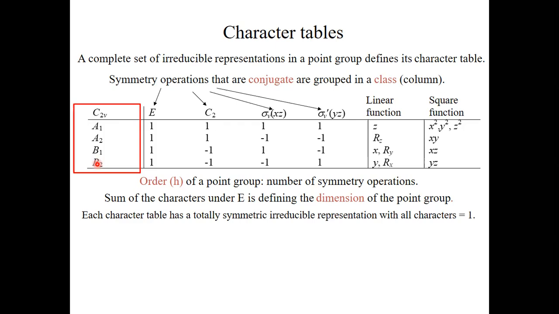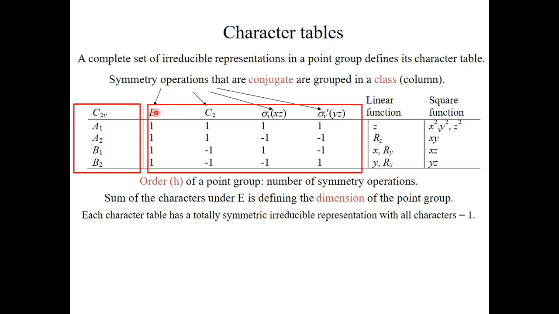Like we said before, for C2V, that's A1, A2, B1, and B2. And then you see here several columns. And in these columns, we see all the symmetry operations that are conjugate. And symmetry operations that are conjugate are grouped in a so-called class. So class means nothing else but a column.